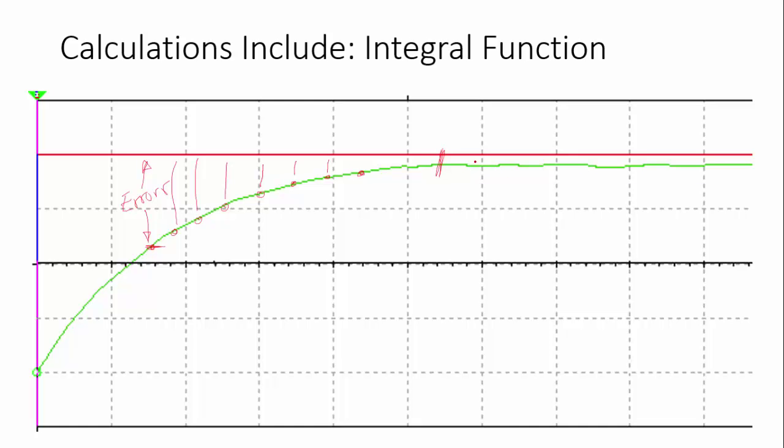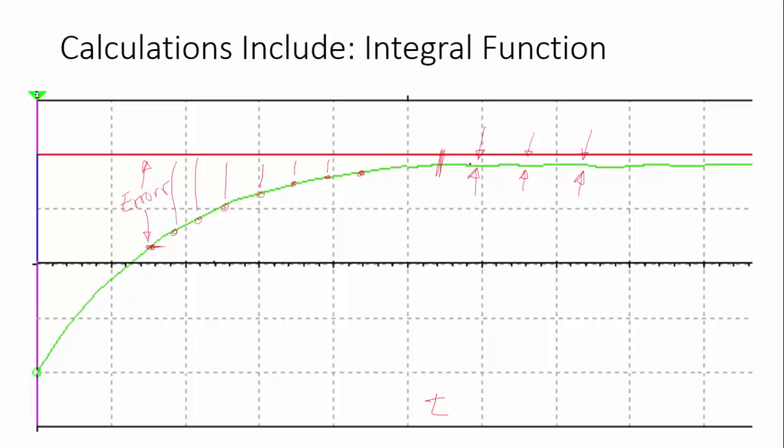Now I get up to these points, like right about from here and on. I still have error in the system. Notice I am still not at set point, and we're plotting this against time. This is time. So this is where the integral term takes charge.